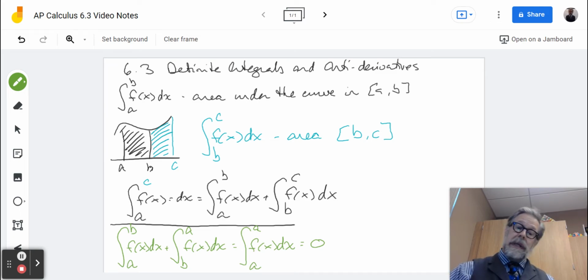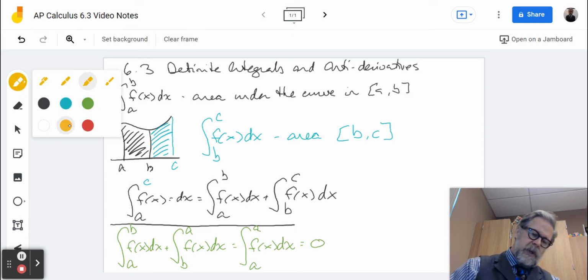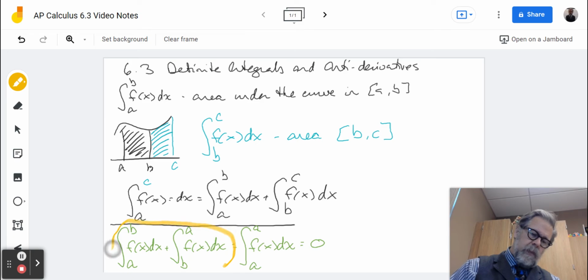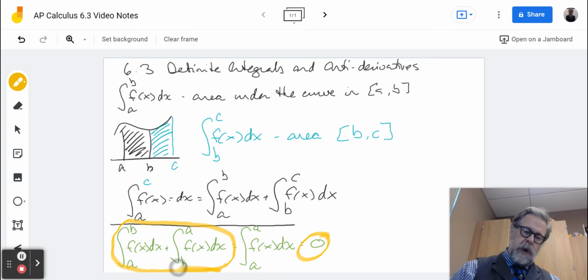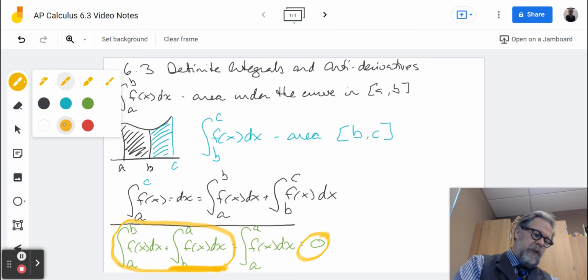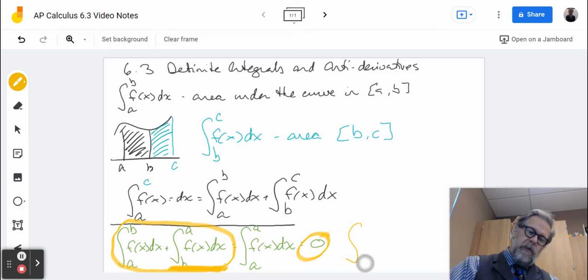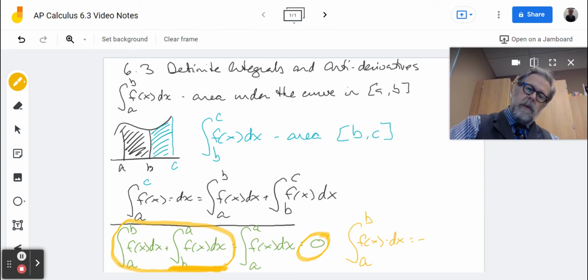So taking that one a little bit farther, now we know that these two add up to 0. If I subtract this right-hand one from both sides, what I get is that the integral from a to b of f of x dx is equal to the negative integral from b to a of f of x dx.